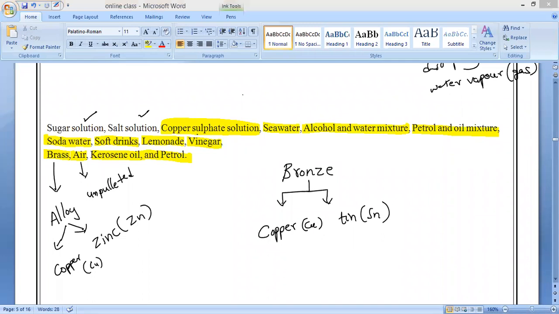If you take a chalk and water mixture, or a sand and water mixture, are the particles dissolving in each other? Are they mixing with each other? I want a response from you. Yes or no?